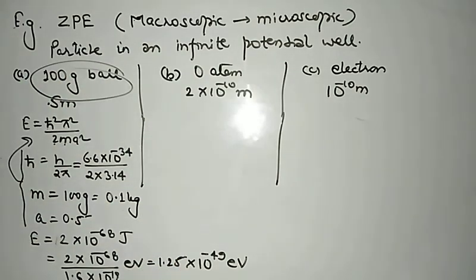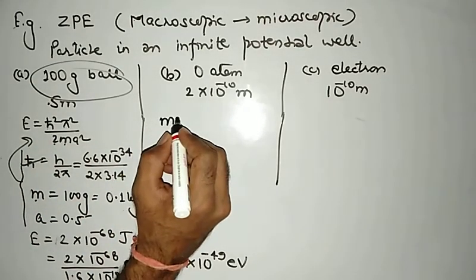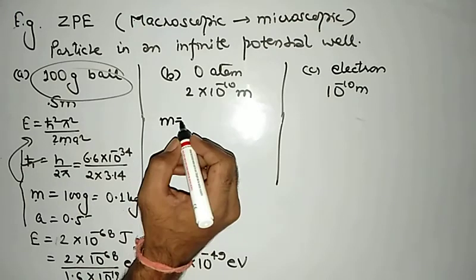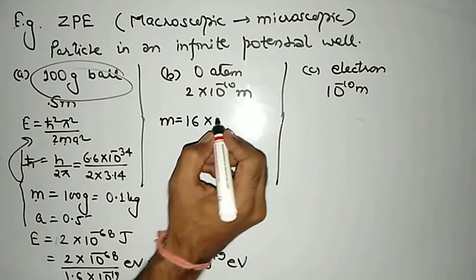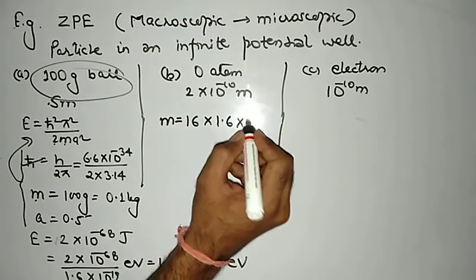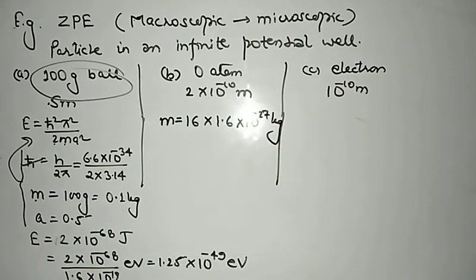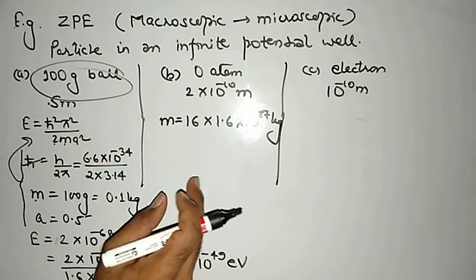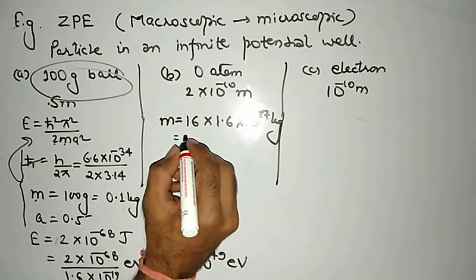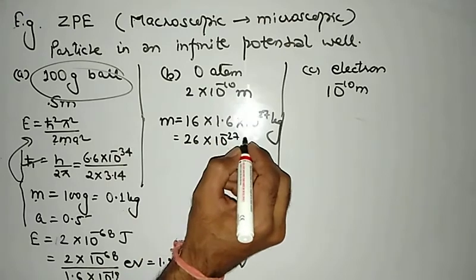Come towards the next case. For this we will solve this again. H cut will be the same, but what is m? This will be 16 into 1.6 into 10 power minus 27 kg, which is approximately 26 into 10 power minus 27 kg.